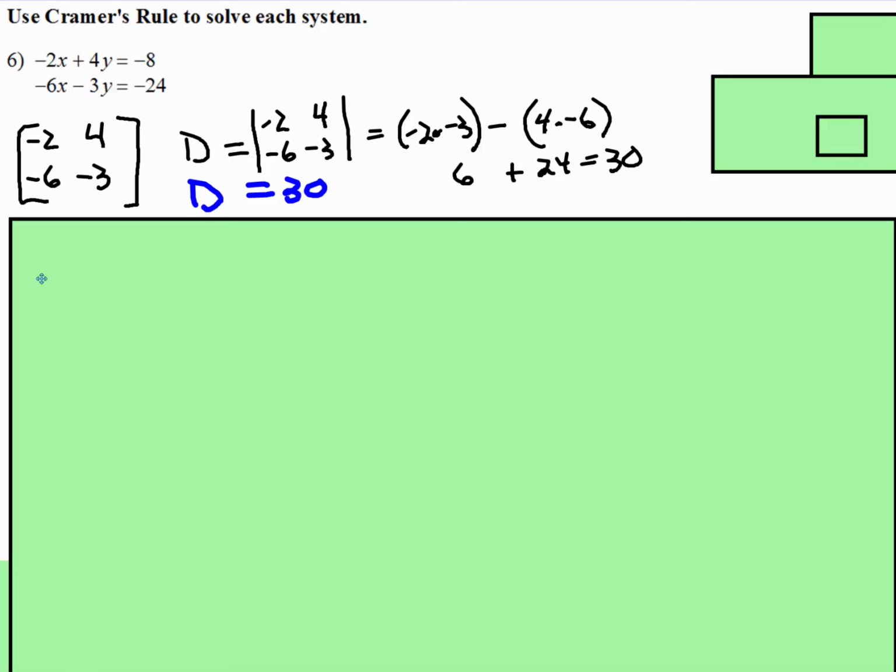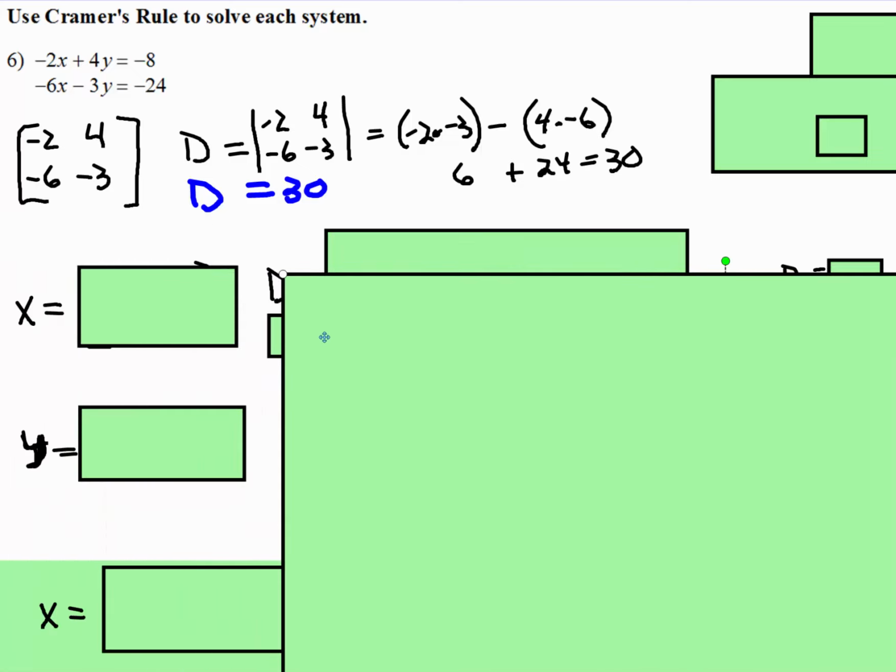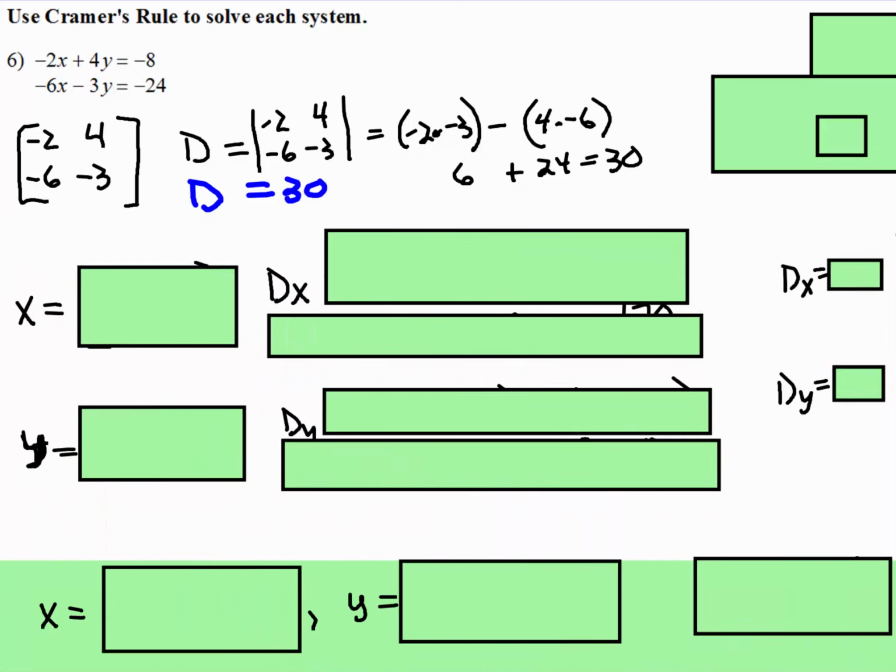Now, to make the X matrix, this is what you're going to do. You're going to look at that original matrix and imagine this is the X column and this is the Y column.